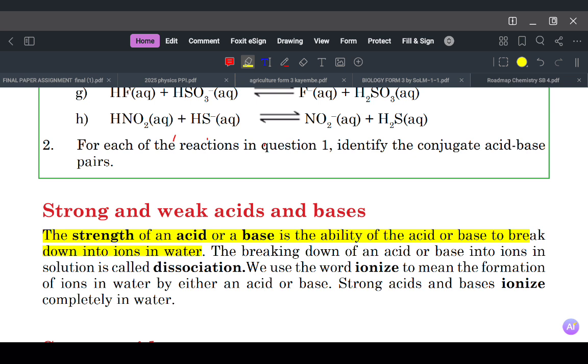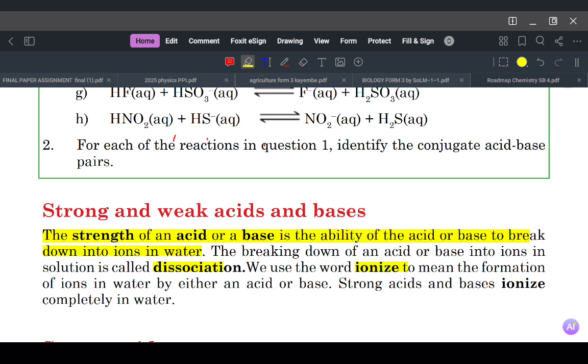The breaking down of an acid or base into ions in solution is called dissociation. So we can therefore define strength as the ability of an acid or base to ionize in a solution.